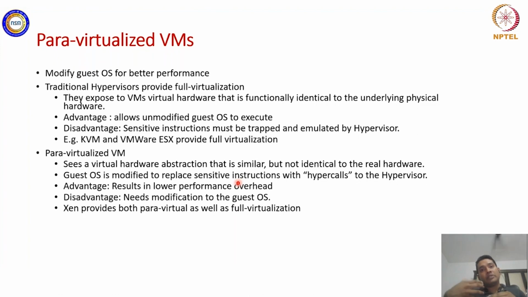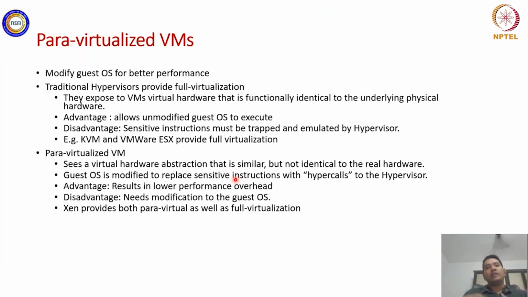So now the hypervisor is no longer transparent, because now the OS knows that this set of sensitive instructions will be through hypercalls to your hypervisor, and this set of instructions will be normal system calls, right? So in that way, your hypervisor is no longer fully transparent.